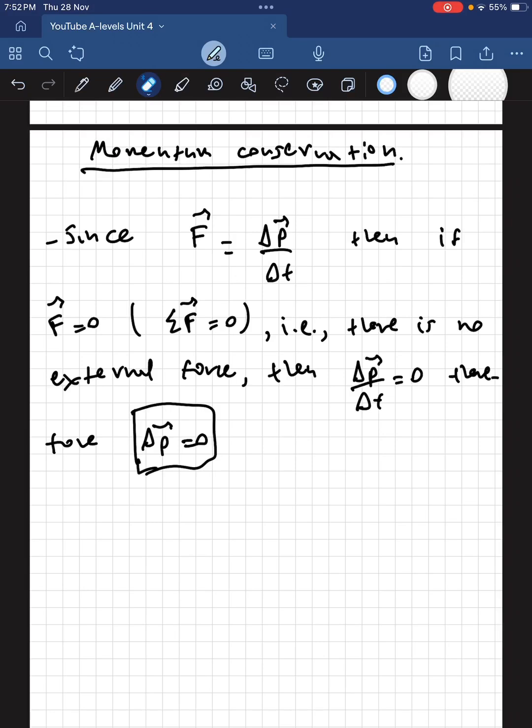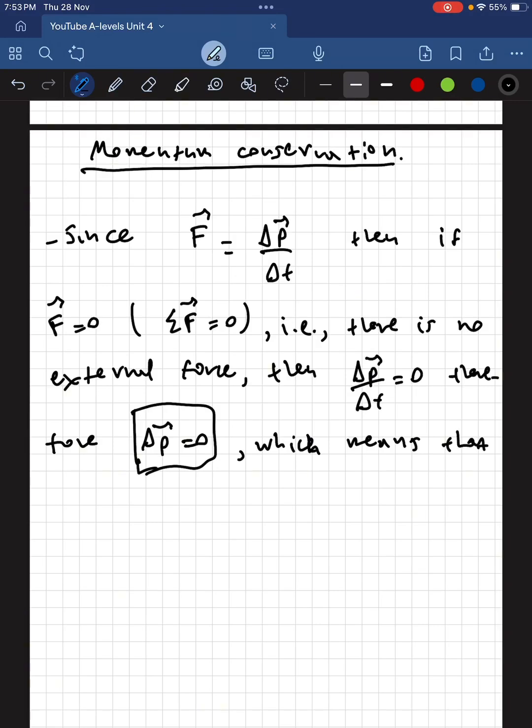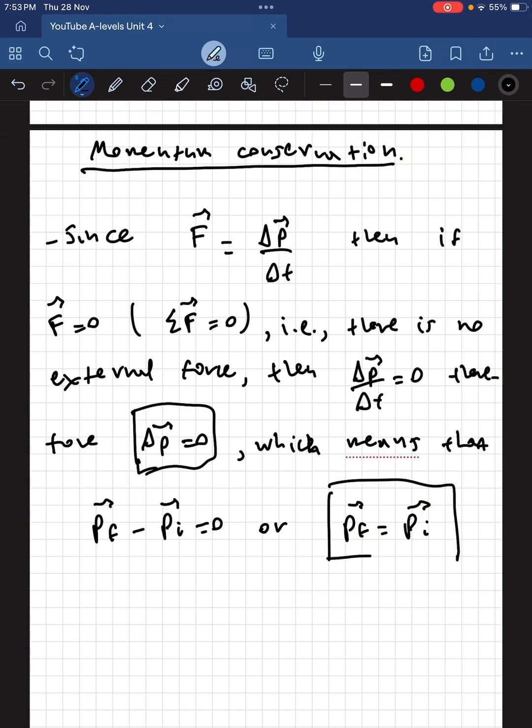But what is delta P? If delta P is 0, this means that P final minus P initial is 0, or P final is equal to P initial, okay?